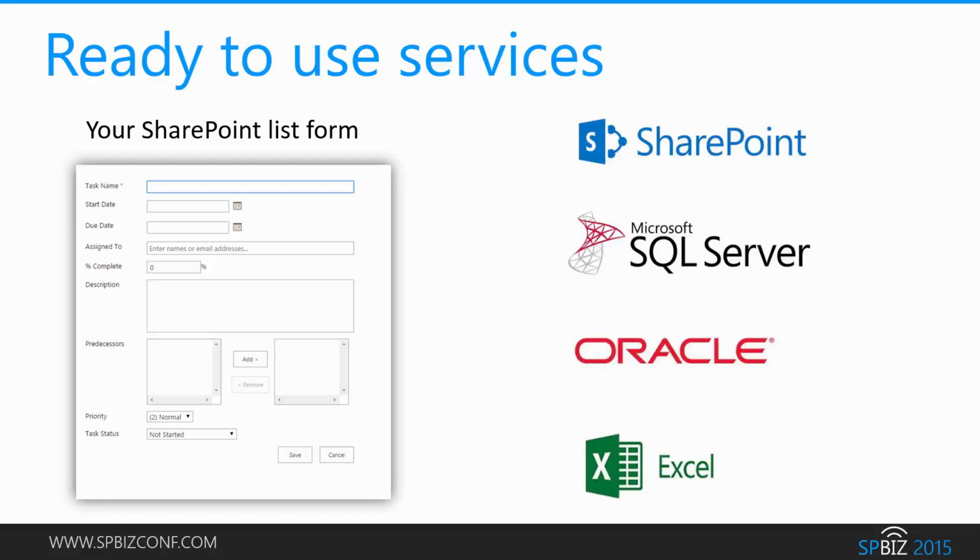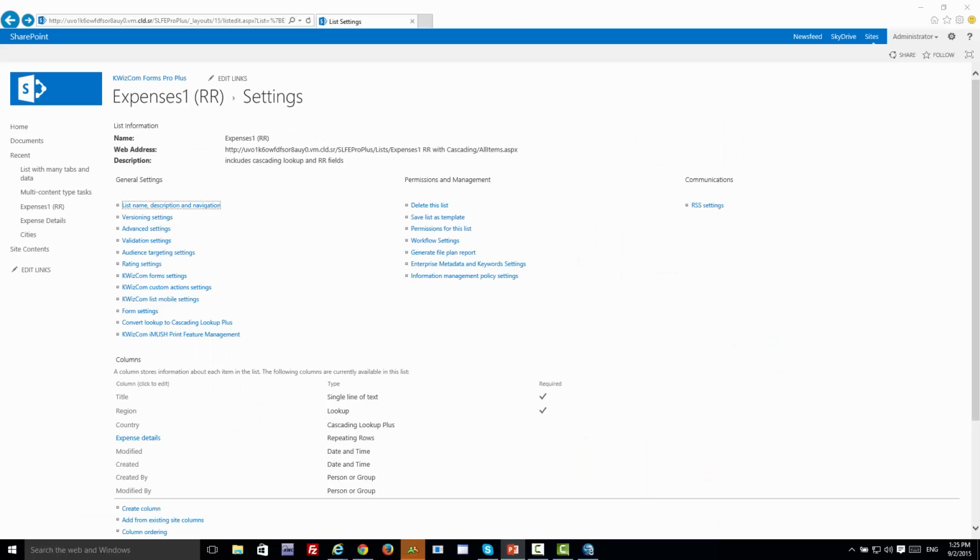So it includes ready-to-use web requests to remote SharePoint sources, SQL Server, Oracle database, or even Excel files that are stored on a remote web server. Now I'd like to show you an example. I have it here.